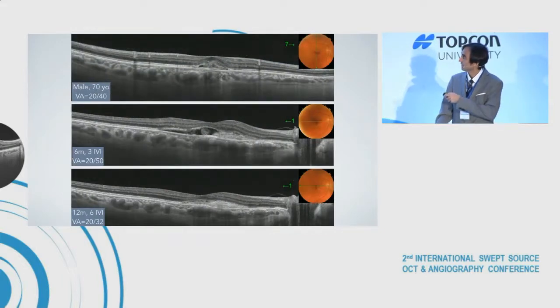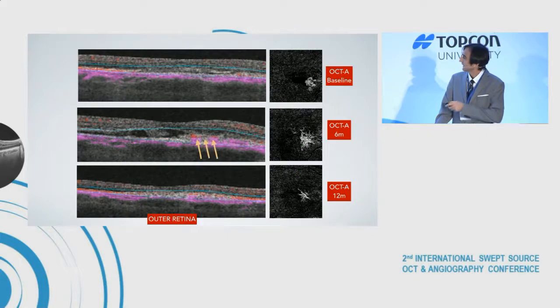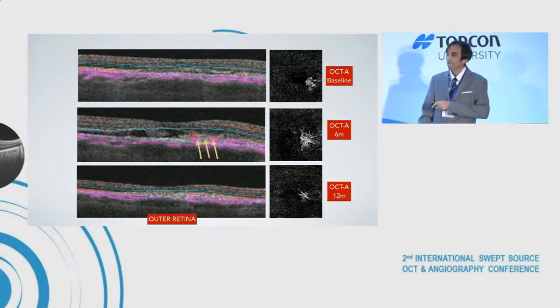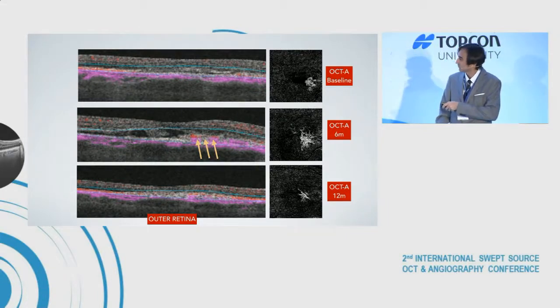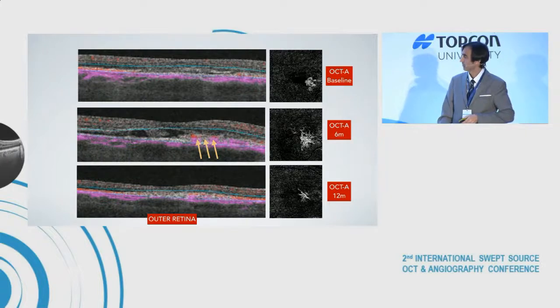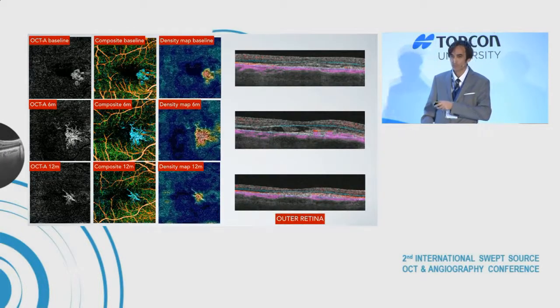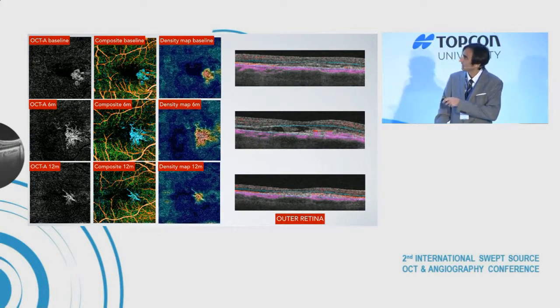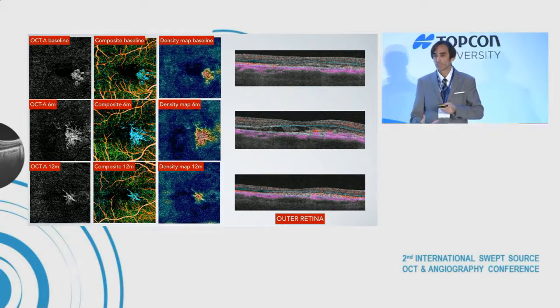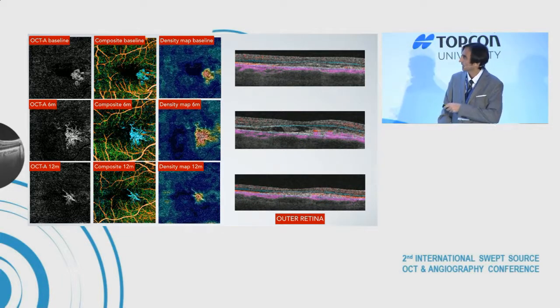This was the case, baseline, 6 months, 12 months, and here we can see very nicely that at the 6-month follow-up, there's a clear enlargement of the lesion and an increase in the blood flow signal that accompanies this enlargement of the lesion. And this is the reconstruction of this case with the OCT, the composite image, and the density map, which can be complementary and give us additional information to the regular OCTA.